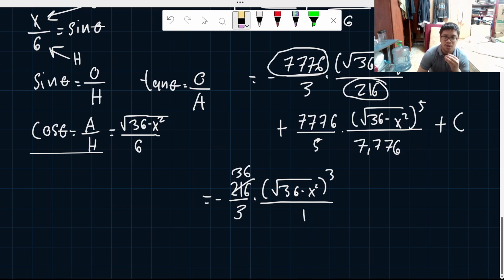So as a result, you will have 36 all over 3 times the cube of the square root of 36 minus x squared, right? And 36 divided by 3 is actually 12. So the answer here is negative 12. That's the answer. All right?